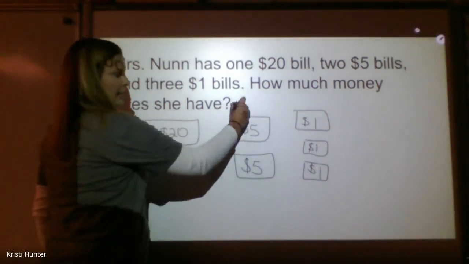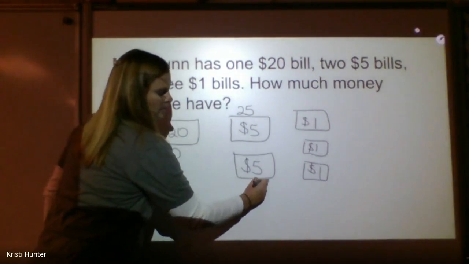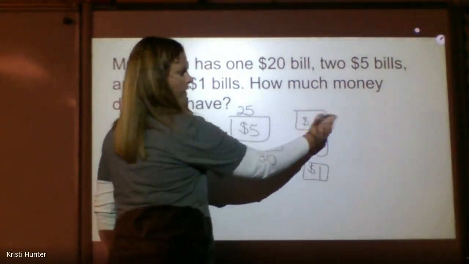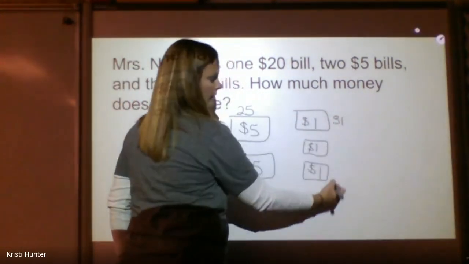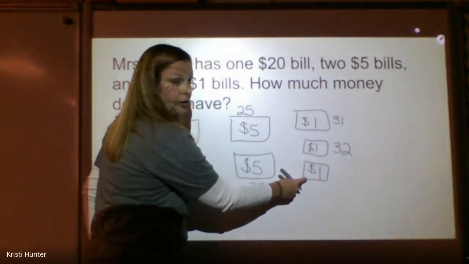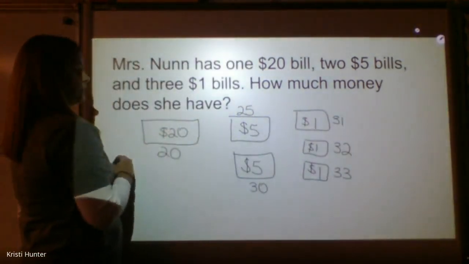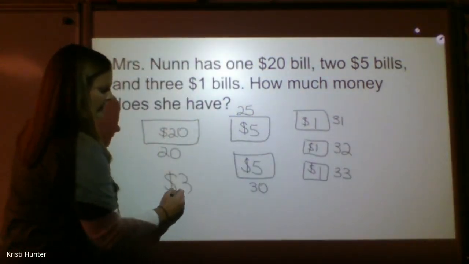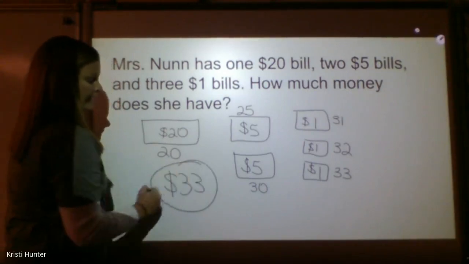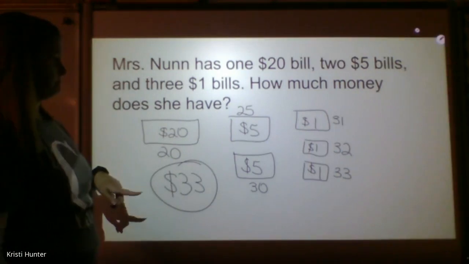Add on 5, 25. Add on another 5, 30. Add on 1, 31. Add on another 1, 32. Add on another 1, 33. So it looks like Mrs. Nunn has a total of $33. Don't forget that dollar sign, okay?